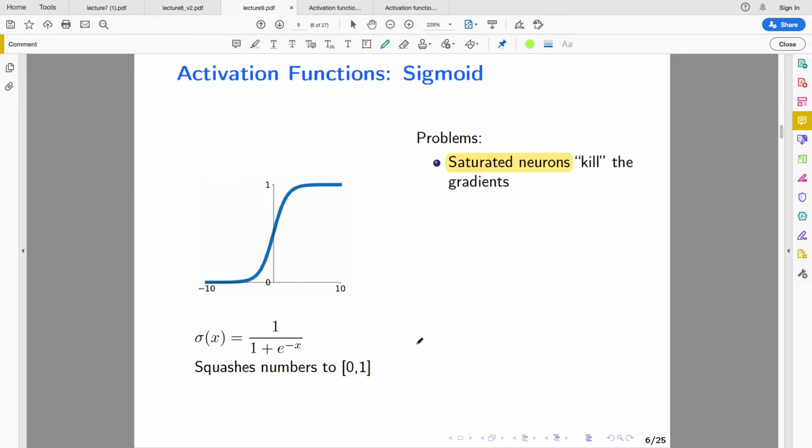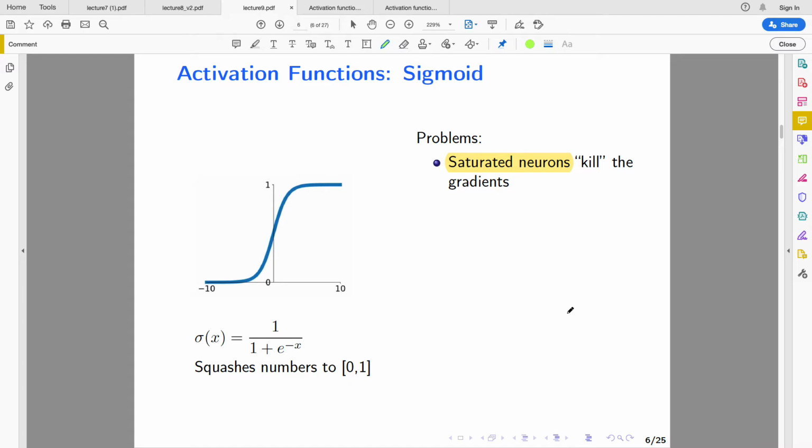What are the problems with sigmoid? The number one problem with sigmoid is that saturated neurons kill the gradient. Now, as you know, the activation function is just one of the important pieces in computing neural networks.